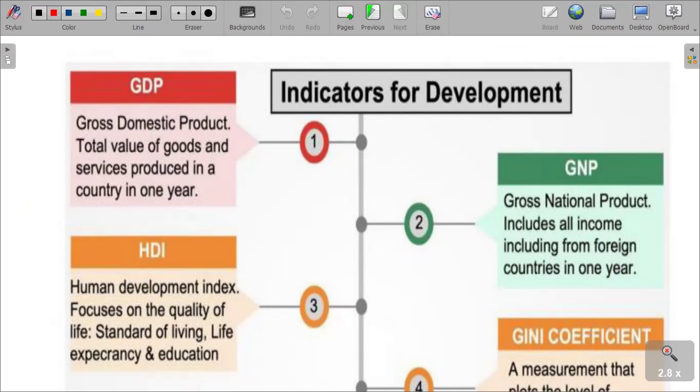So we measure total economic output, we can also measure economic health, and we also measure the size of the economy, which provides a measure of the overall size of the country's economy, allowing comparison between nations. So nations' rating is based on GDP, which we are referring to in this regard.